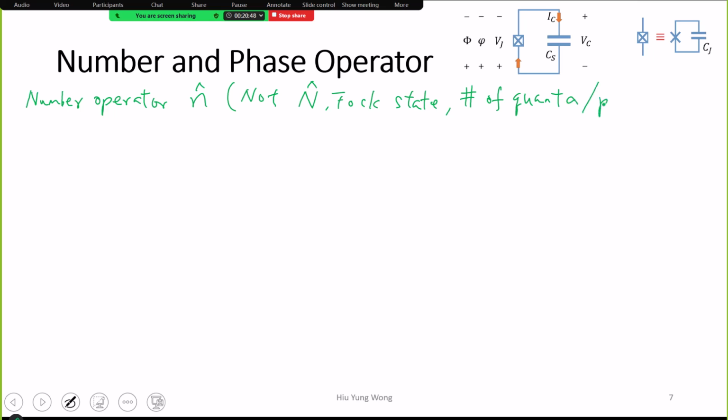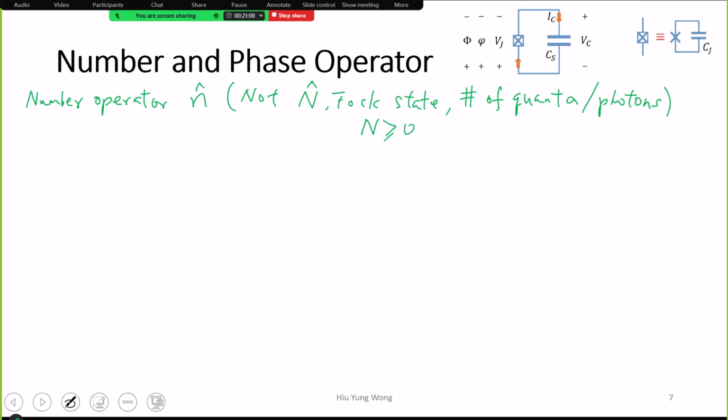In this case, maybe the number of photons for the LC tank. Is that clear? So what can be the value of N? We proved last time also.